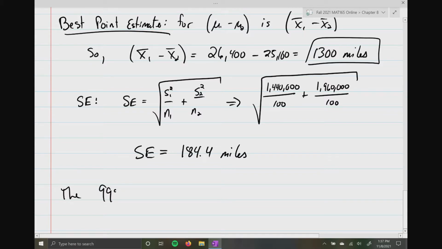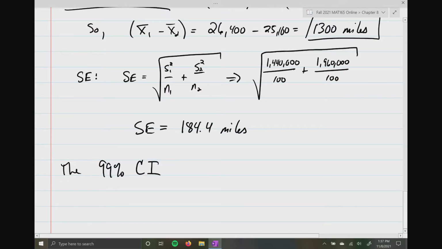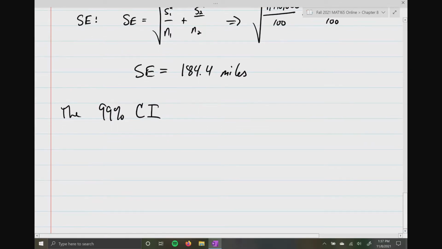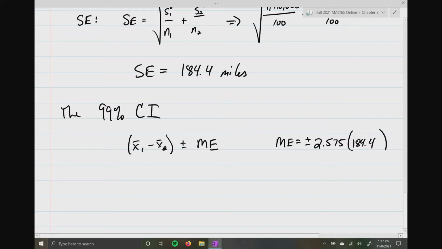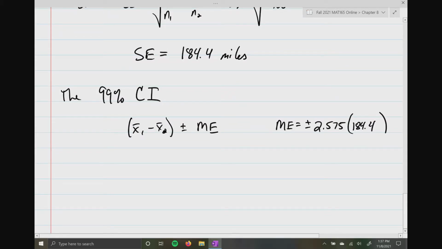Now, the 99% confidence interval, I'll abbreviate that as just CI, is going to be calculated to be the difference in sample means plus or minus the margin of error. Now, our margin of error here is going to be plus or minus 2.575 times 184.4. So I'm going to write everything directly beneath.